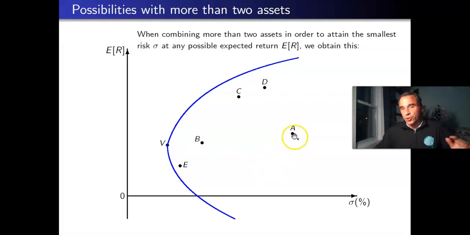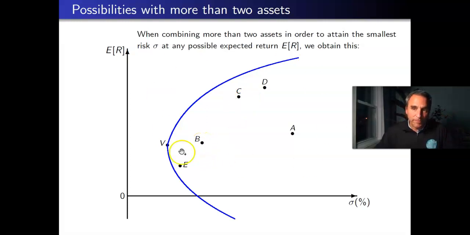So A could be sold short, B could be purchased, C purchased, B sold short. The only constraint here is that the sum of the weights in all of the assets be equal to 1.